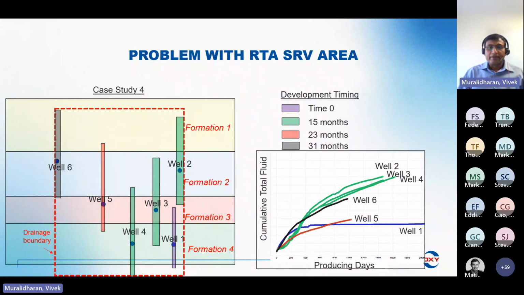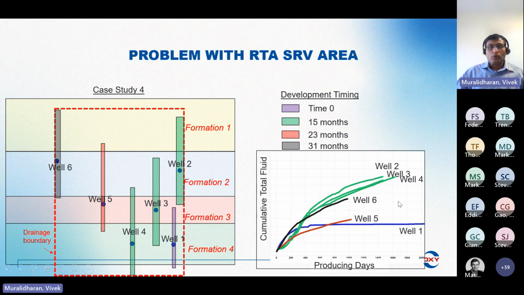If you look at case study 4, for example, we did the RTA for all the wells. We have fracture diagnostics, calibrated fracture height, and the average, everything here. What I'm using here is the total fluid for all of these wells as a guide.